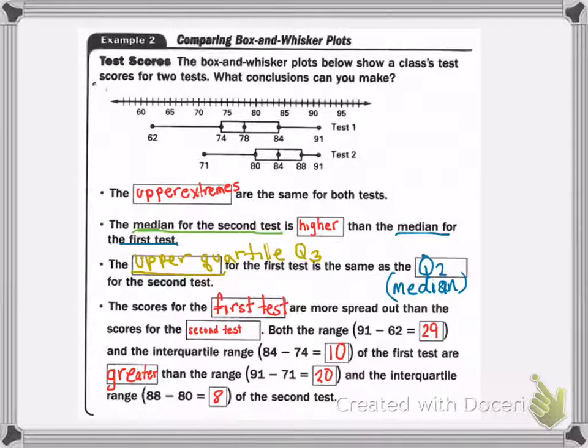So the main points there are that range is the difference between the highest and the lowest, and interquartile range is basically the range of the box, Q3 minus Q1, and that's another way to compare the box and whisker plots.